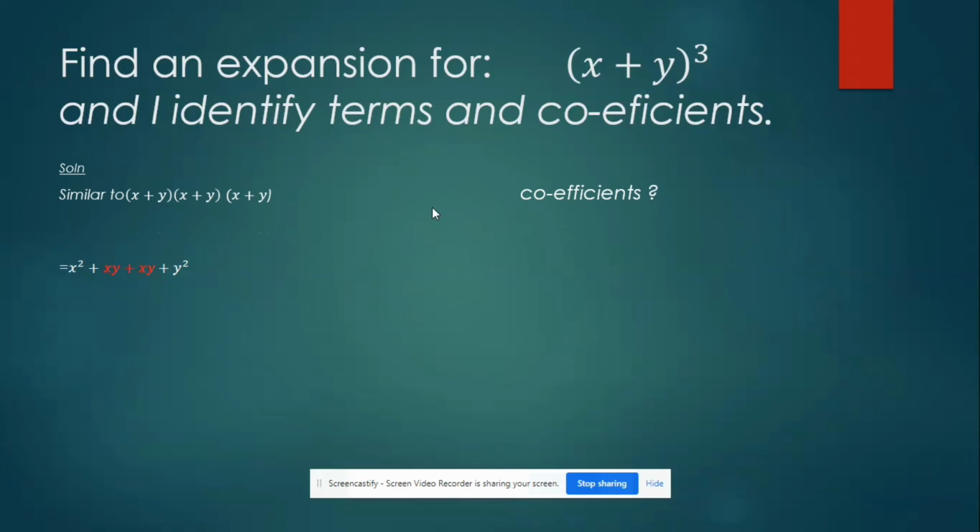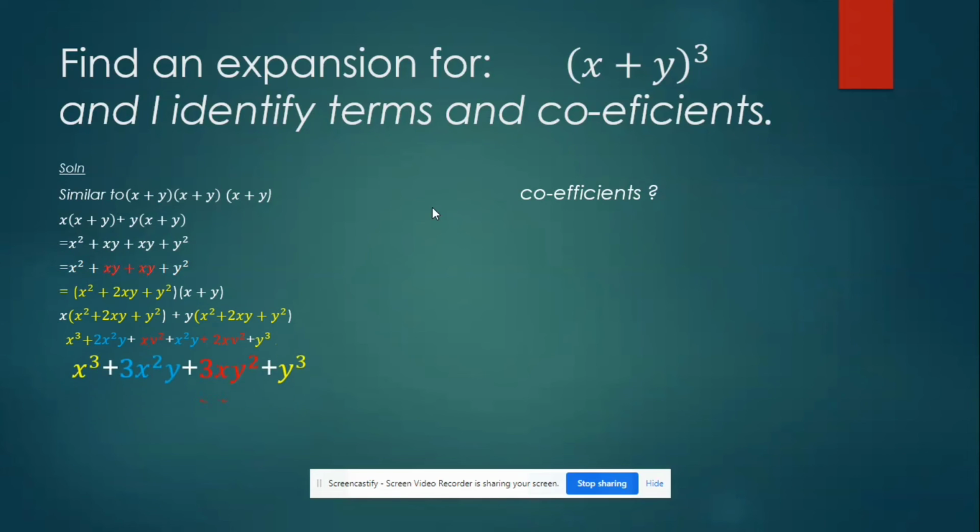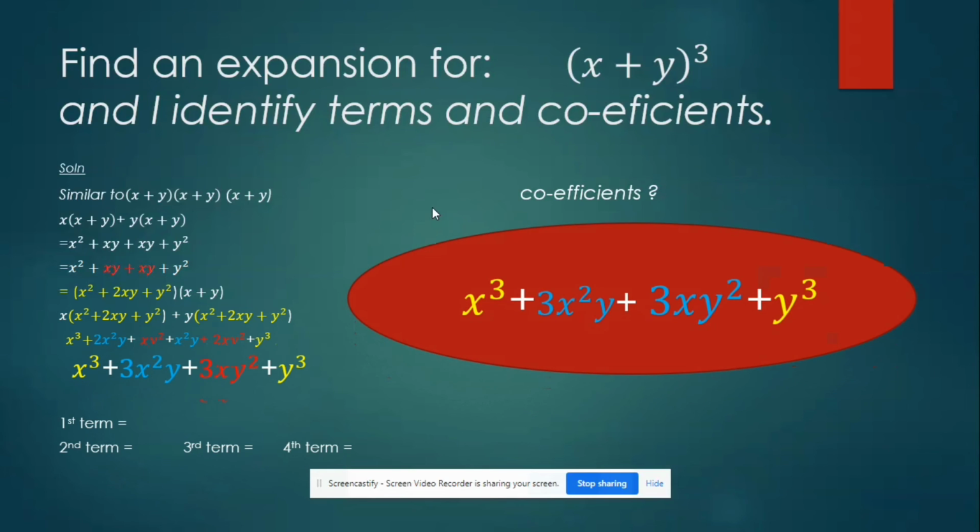That one is similar to when you multiply like the one we've done, x plus y squared, then you multiply by another x plus y so that you make it to the power of 3. You can check on the first one we did, and then now we want to open by multiplying with x plus y. So when you work out that one, you will find the first term, second term, third term, and the fourth term.